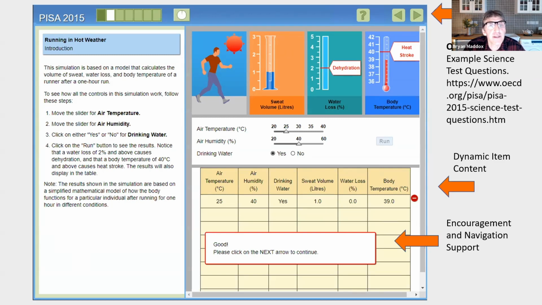This being an OECD assessment, it tends to be presented in a particular way. And in this case, you've got some instructions on the left. You've got some images. It's kind of multimodal. It's got pictures, diagrams. But it also has some dynamic content, which obviously a paper-based test would not have.